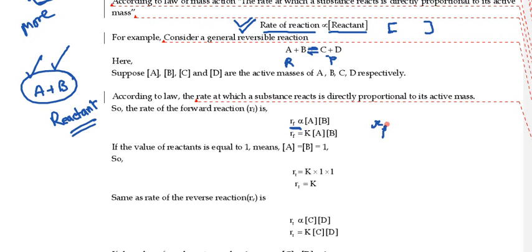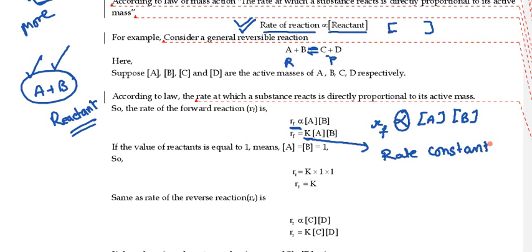RF, the rate of the forward reaction, is directly proportional to the active mass of A and the active mass of B. To remove this proportional sign, we add a constant, the rate constant, represented by K. If, for example, the active mass value is 1, then the rate of reaction becomes constant because it is directly proportional to the rate constant.